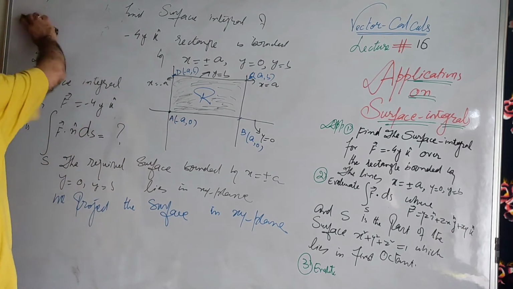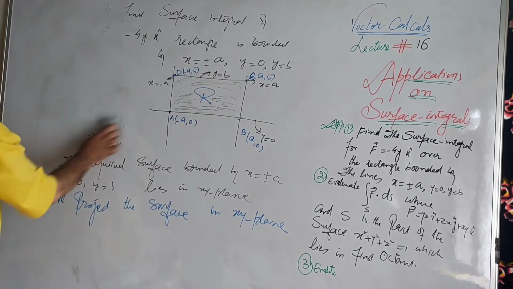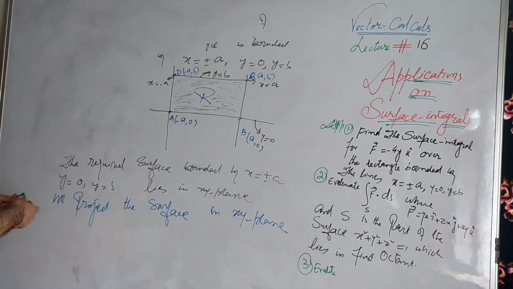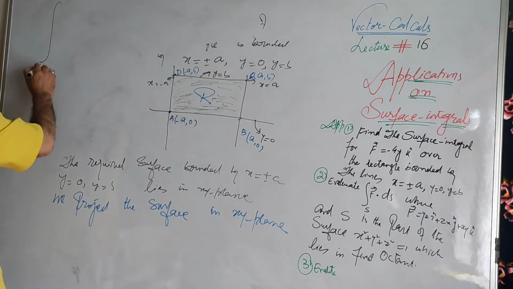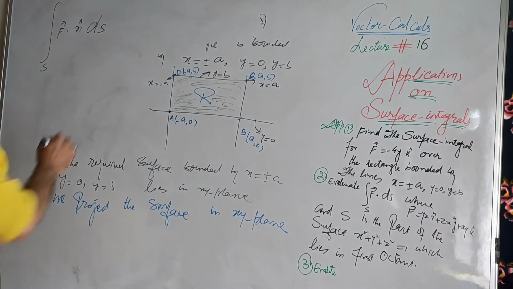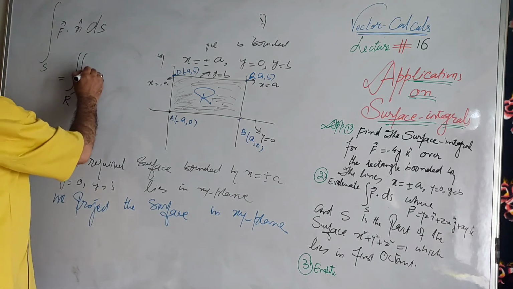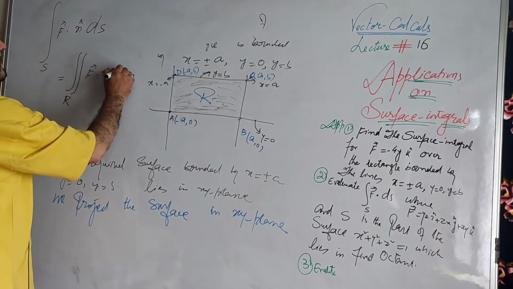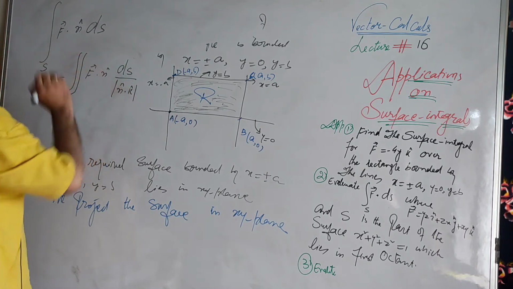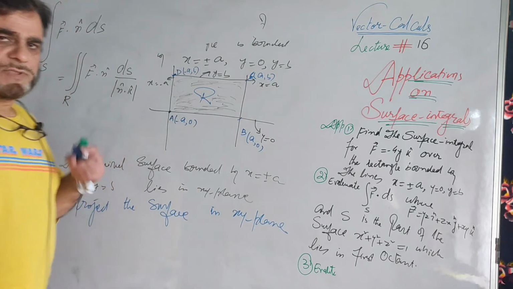Therefore the surface integral over S of f dot n, the unit normal vector outward the surface, is given by the double integral over the region R of f dot n, where ds is replaced by ds over n dot k, because when it lies in the xy plane the normal perpendicular to the plane is k.